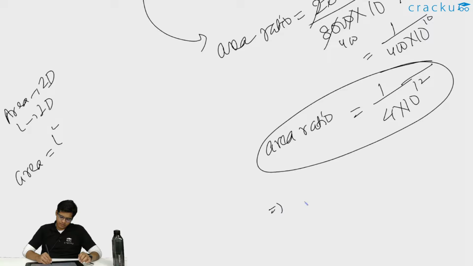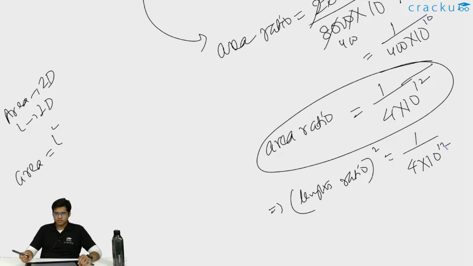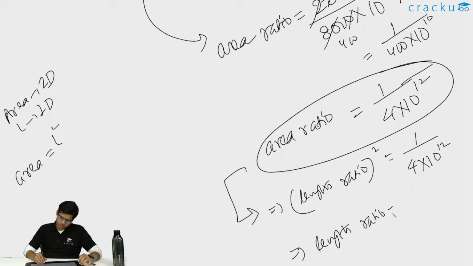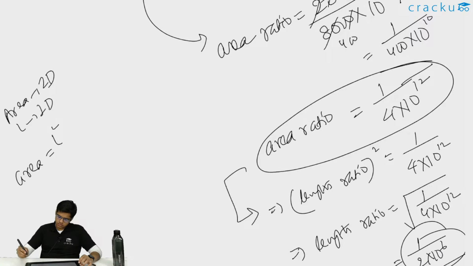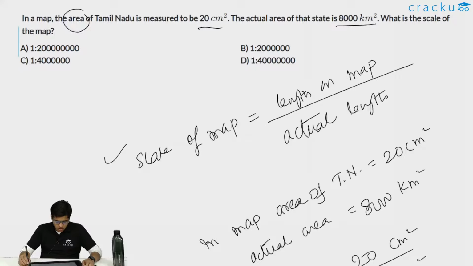So I can tell that length ratio, the square will also be equal to 1 by 4 into 10 to the power 12, since area ratio is length ratio whole square. Or I can tell length ratio will be, I can take a root of 1 by 4 into 10 to the power 12, which is 1 by 2 into 10 to the power 6, right? So the correct answer is, there will be 6 zeros, right?